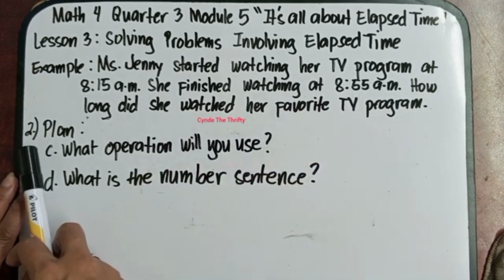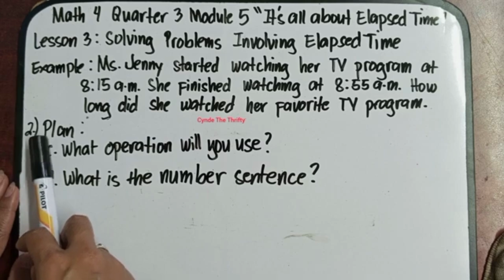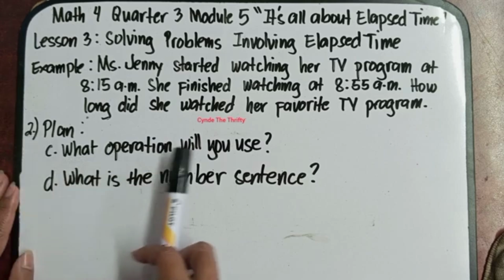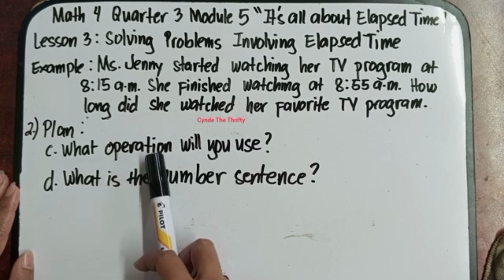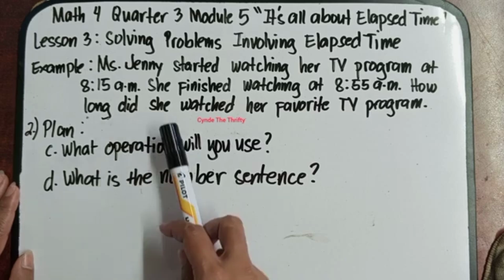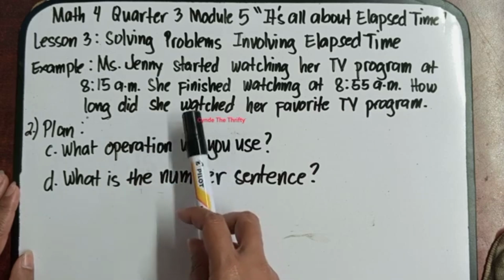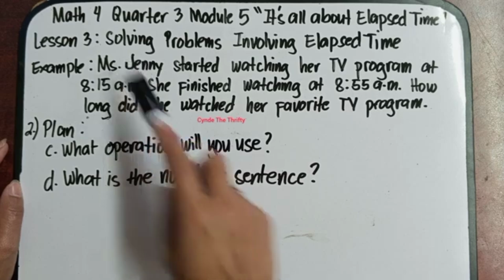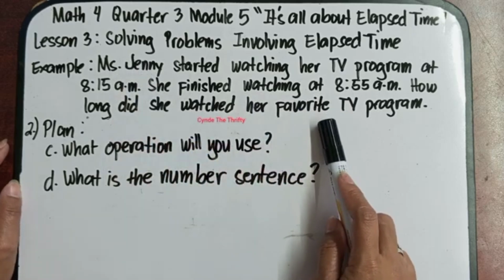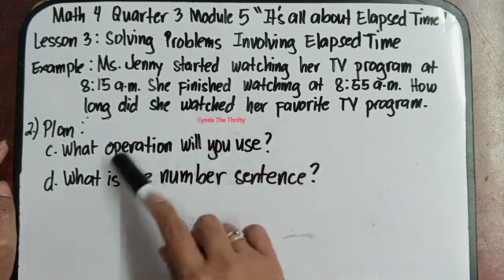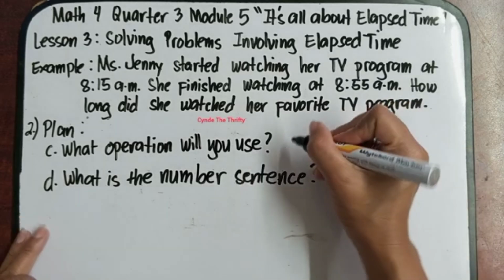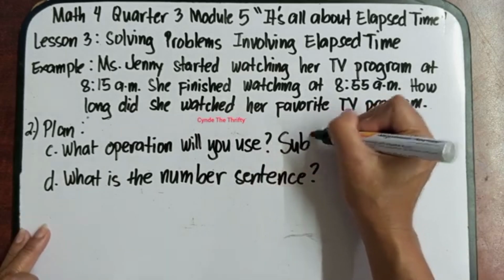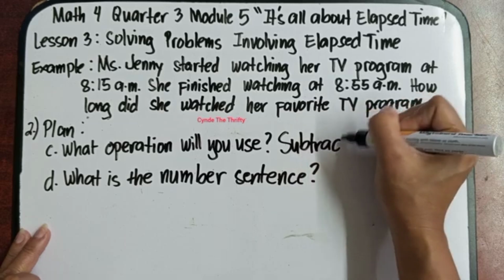So sa plan, meron din tayong dalawang point. Sa plan is, what operation will you use and what is the number sentence? So ano yung operation na gagamitin natin para mahanap natin kung ilang minuto si Miss Jenny nakatingin sa kanyang favorite TV program. So ngayon, anong operation ang gagamitin natin? Ang gagamitin natin na operation is subtraction.